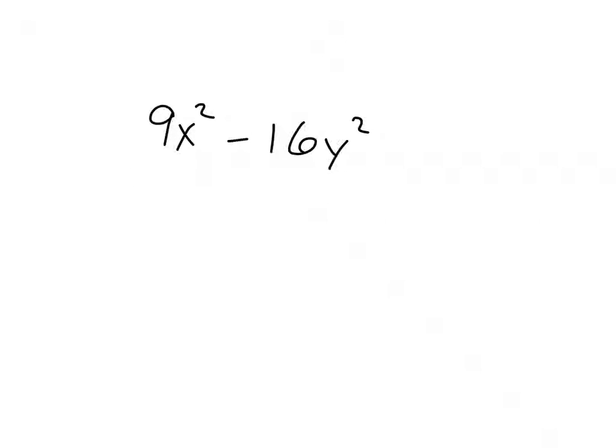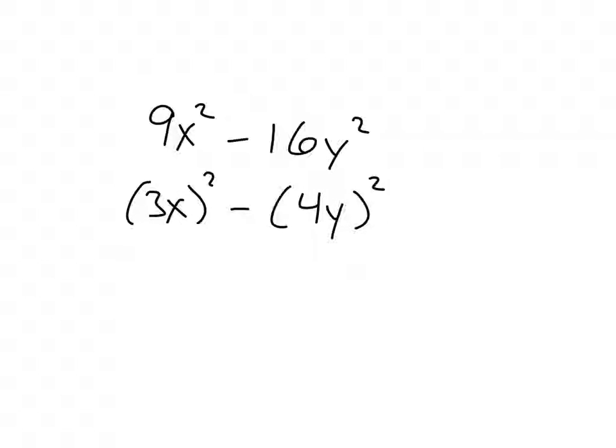Now, can I rewrite both of those terms as something squared? How do I rewrite 9x squared? 3x quantity squared gives me 9x squared. Any questions on how or why? How about 16y squared? It's just 4y quantity squared.